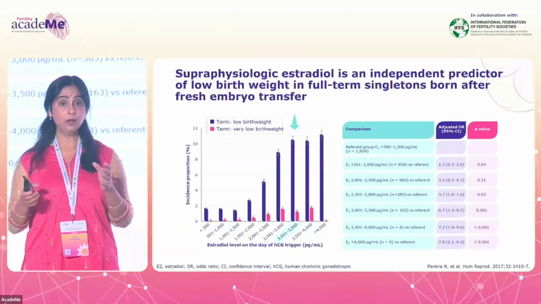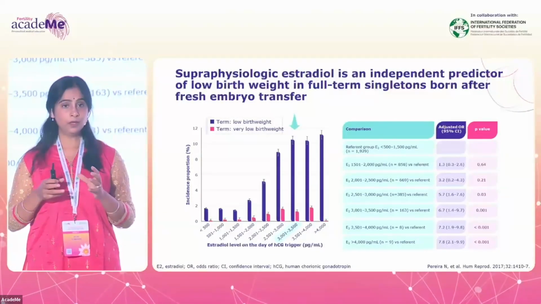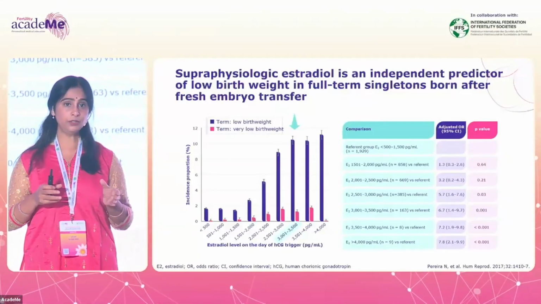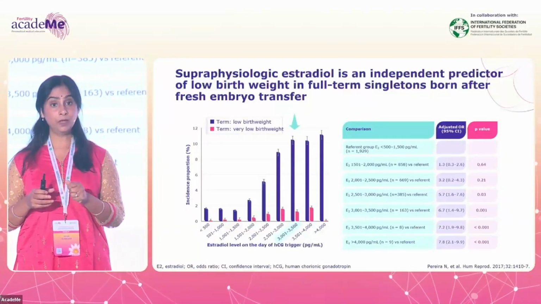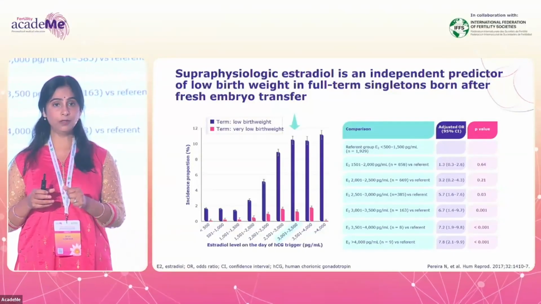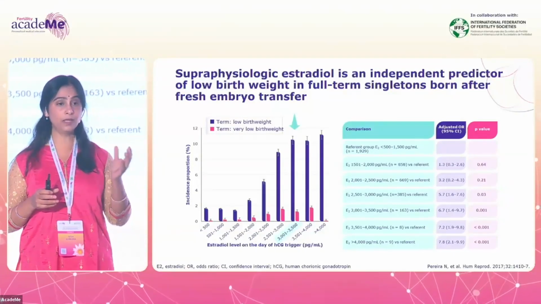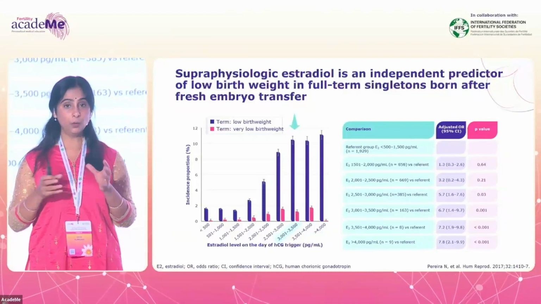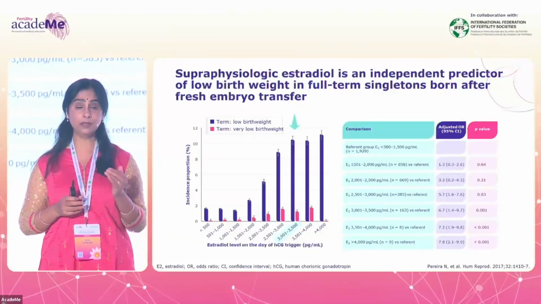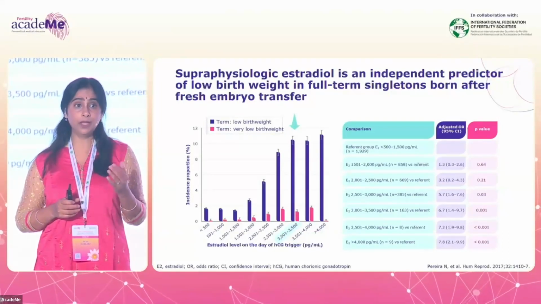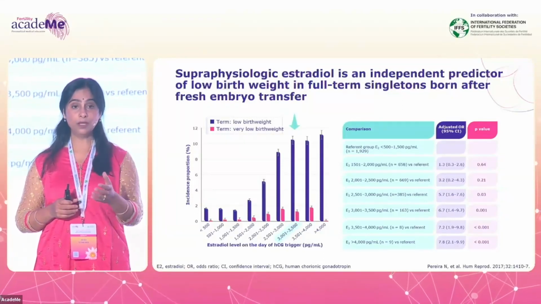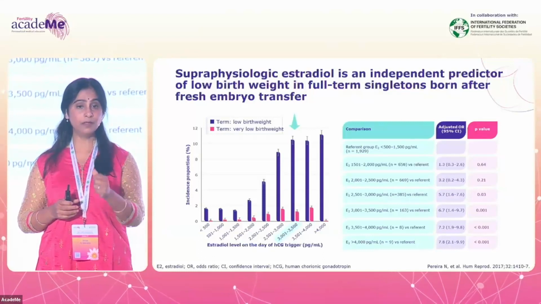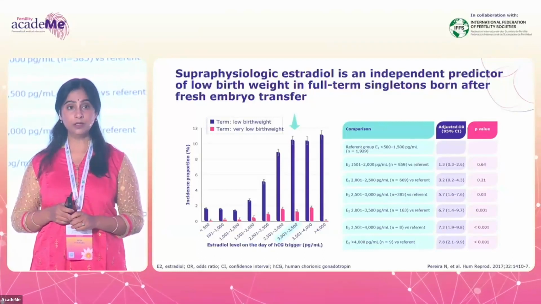They're looking at the association between estradiol levels and low birth weight in a fresh transfer cycle, and we are looking at number of oocytes and preterm birth and low birth weight. We can tie both the evidences together in the sense that when we have a very high number of oocytes, we're expected to see very high estradiol levels, and they found that when they have very high estradiol levels, there is a significantly higher incidence of low birth weight.